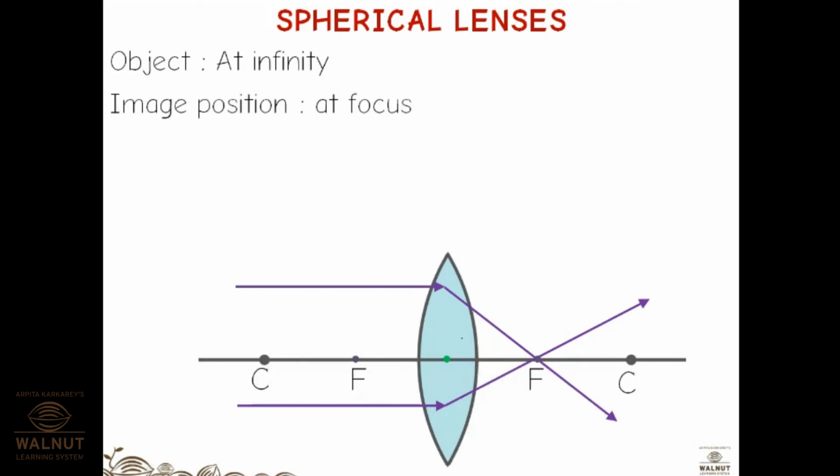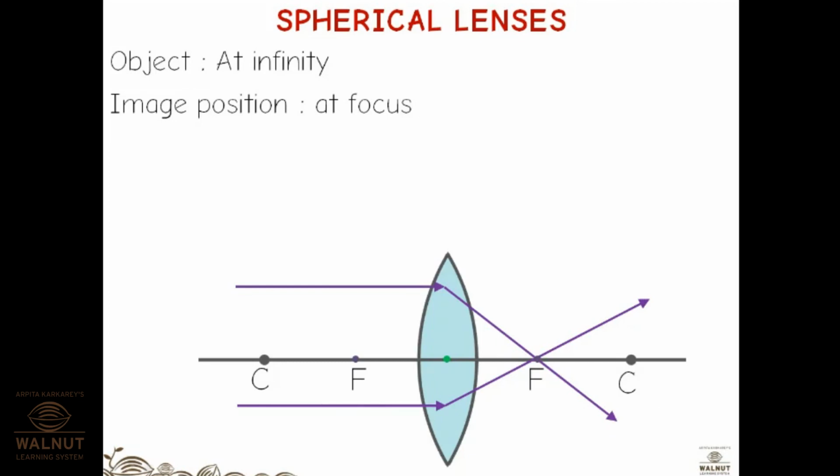If you are keeping the object at infinity, we don't know where we are keeping the object, right? The object will be at infinity. So this is the position of the object where we are keeping the object at infinity, right? That is why here in this ray diagram, we are not able to see where we have kept the object. So the object is at infinity.